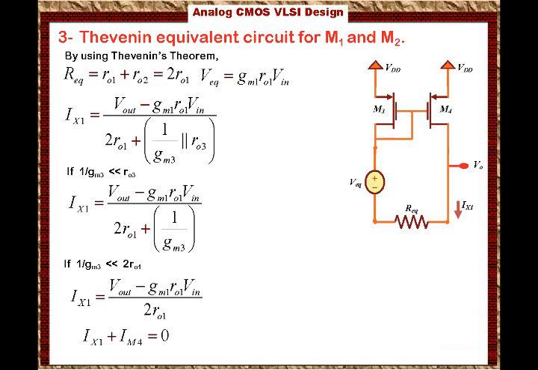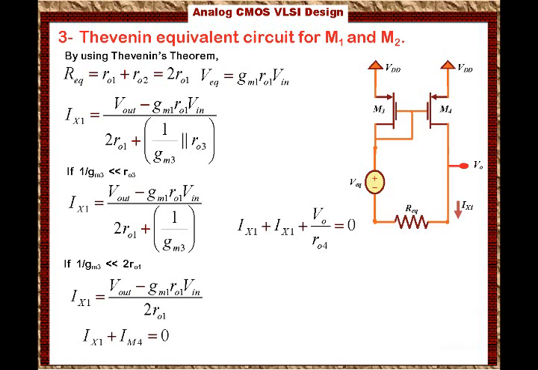The other is the current flowing through RO4, the output resistance. So we can sum the currents to be Ix1 plus V out over RO4 equals 0. Keep in mind that these two components are nothing but the current flowing through Im4. A portion of it is a reflection of Ix1, and the other is the current flowing through RO4.